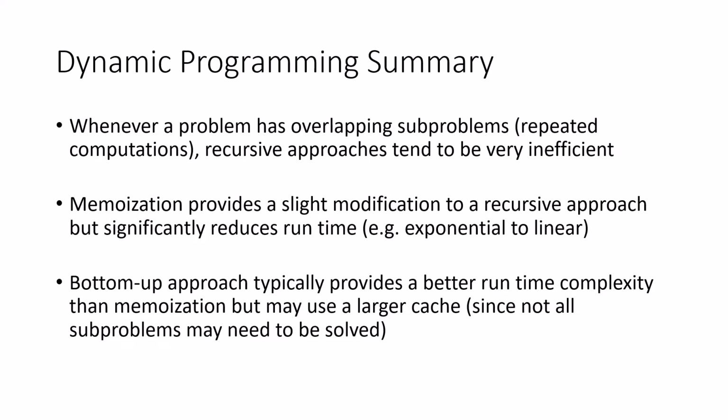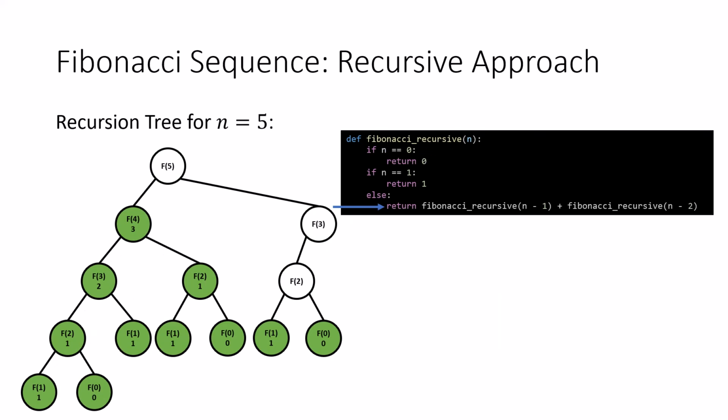If you remember from the slides all the way back with the recursive approach, overlapping subproblems concretely would correspond to f of 3 being computed here and f of 3 being computed over here. The exact same problem, which you'll notice by the tree, you got the exact same tree that you would explore for both of them. You just solve it twice, and f of 2 here gets solved 1, 2, 3 times, and so on.